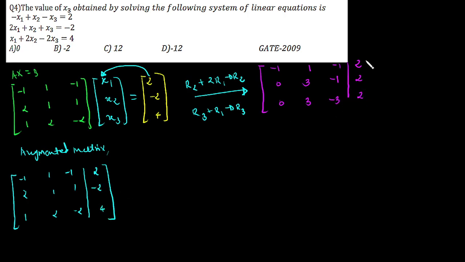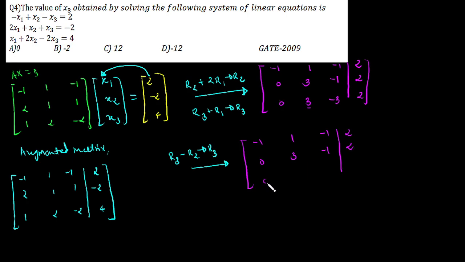Now to further reduce this entry to 0, to reduce it into echelon form, we have to do one more row operation, which is simply to subtract r2 from r3. So r3 minus r2 makes the new row 3. After this row operation, the first and the second rows will remain as they are, because we are only performing the operation in the third row.